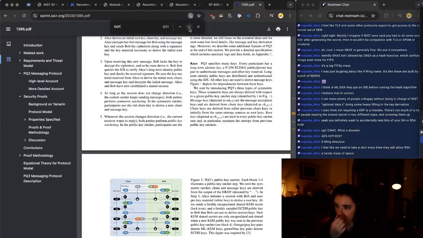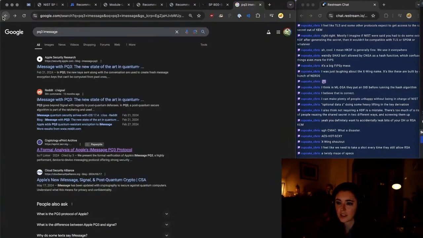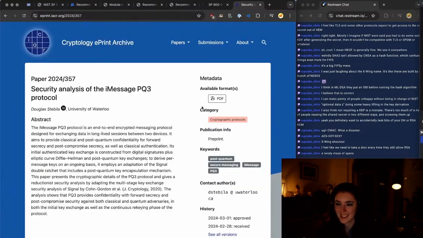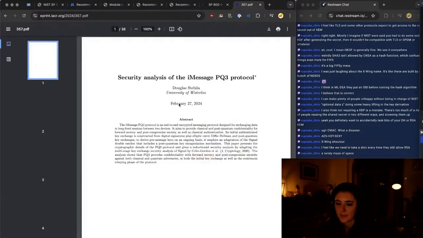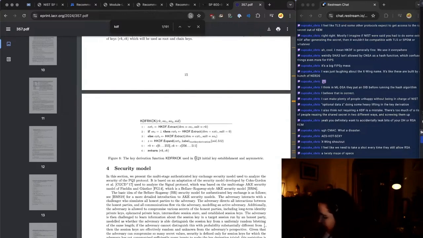I think because they were already using HKDF this way, and they were like, we can make this work. Oh, that's the wrong one. Yeah, this one. Yeah, here we go. So this is actually deployed in all modern iMessage.